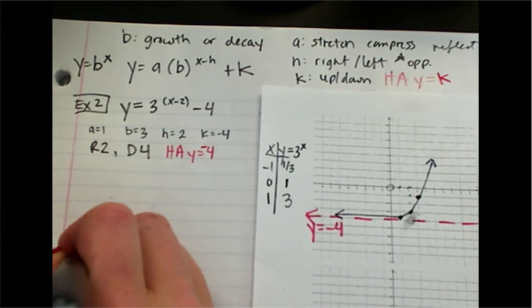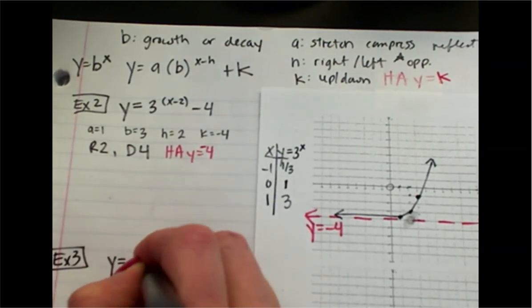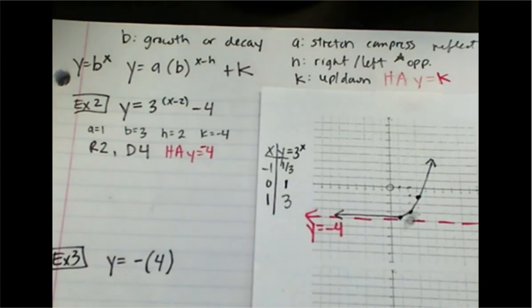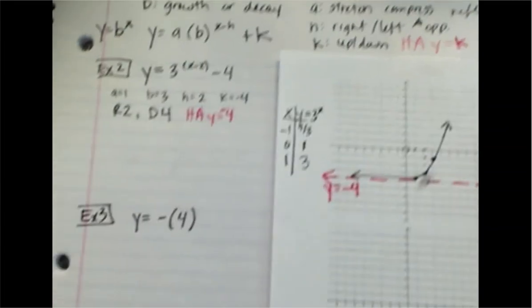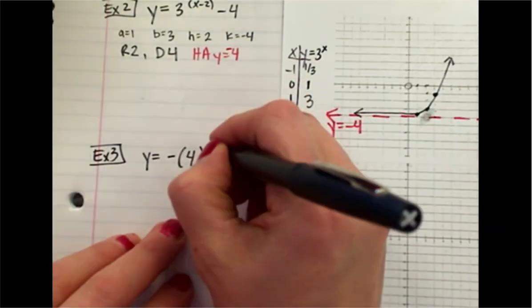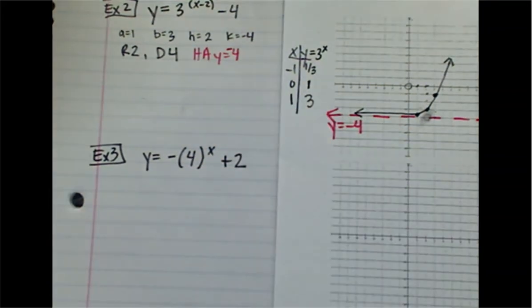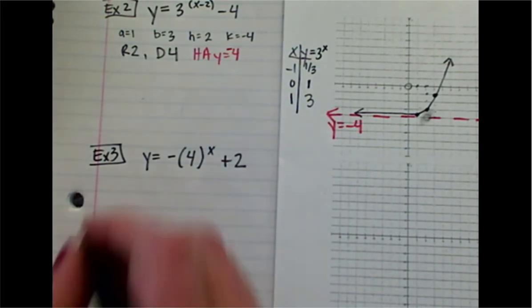Okay, example 3. Y equals negative 4 to the x plus 2. Hey, look how that negative is outside the grouping symbols. Not included. And this time, instead of writing down A, H, K, and B, I'm just going to write down the transformations.